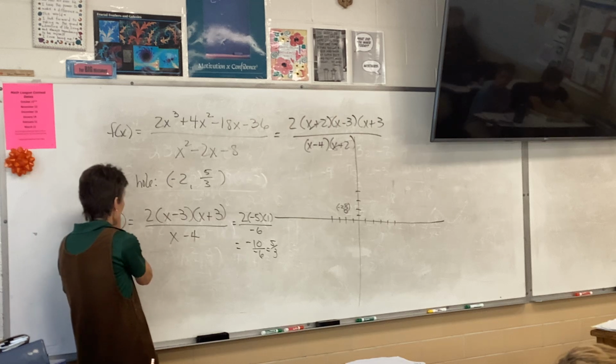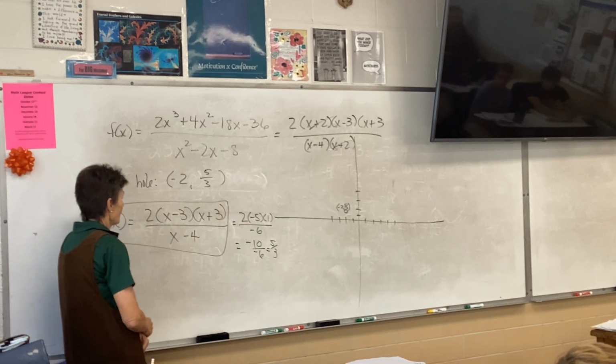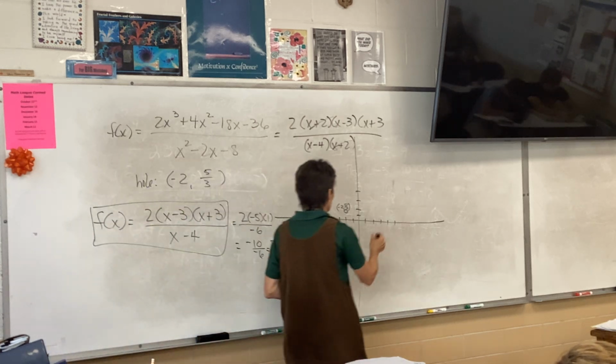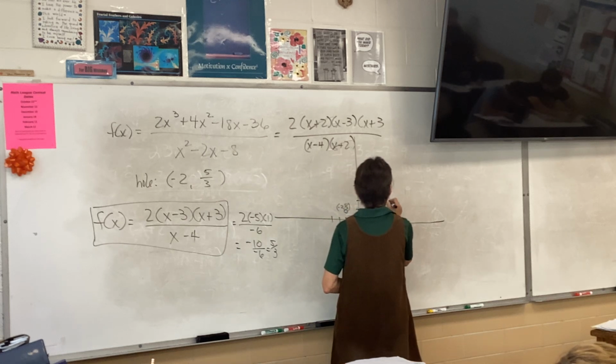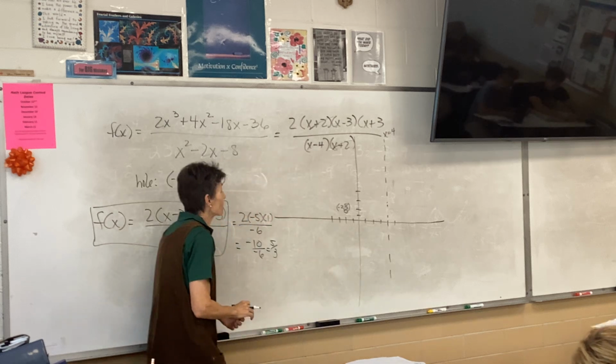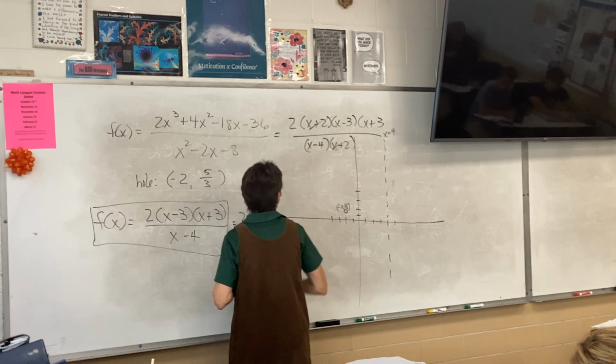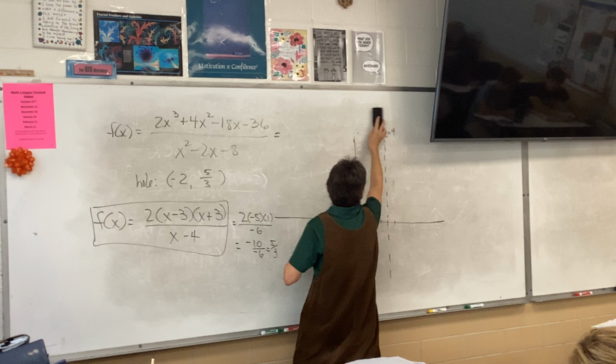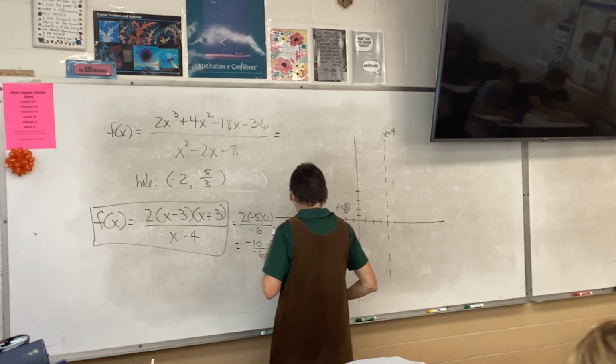All right, what's some other stuff? Remember, this is where I'm now looking. Vertical asymptote for 4. I have a vertical asymptote at x equals 4. Everybody okay with that? Okay. What else?